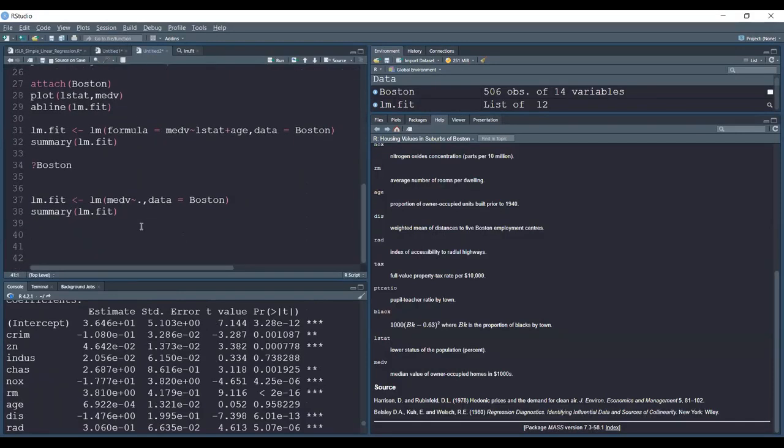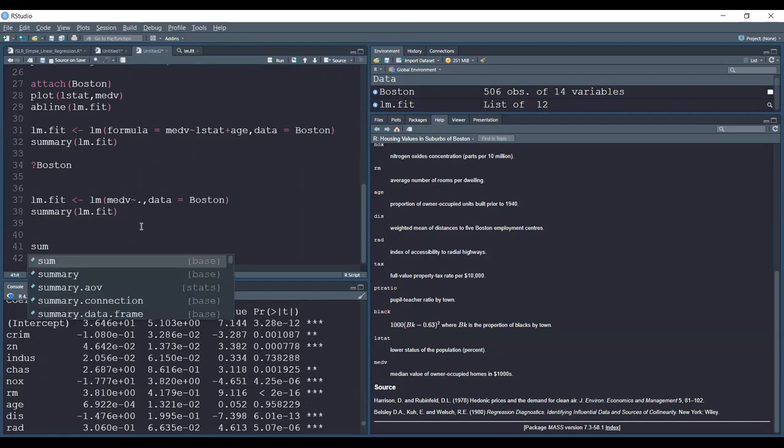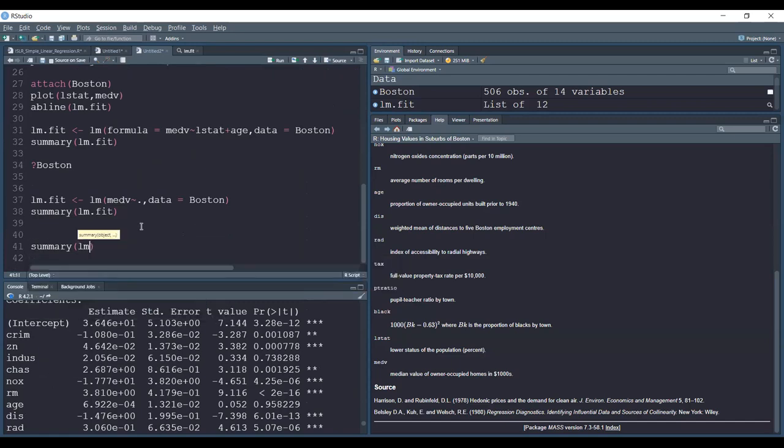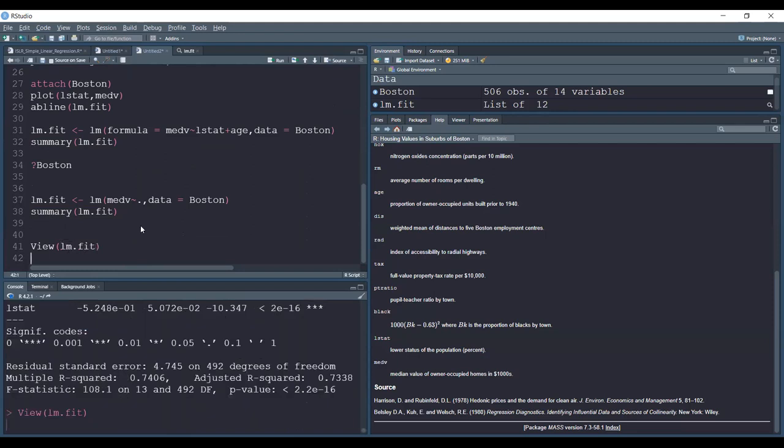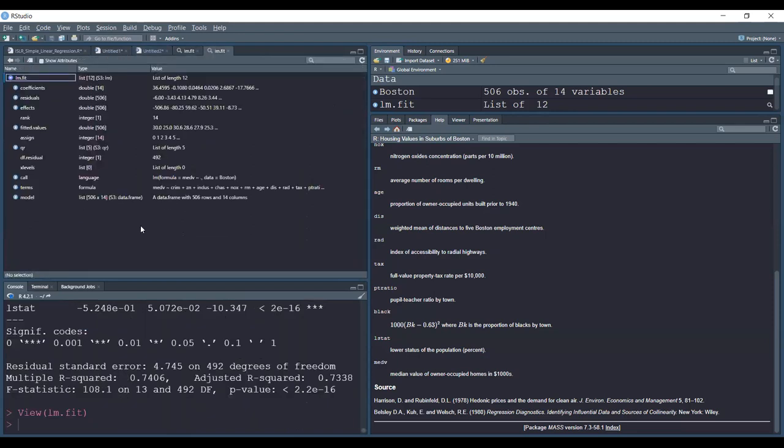What do we type? I think it's summary(lm.fit) and then dollar. Could you do View? If you do View(lm.fit), what happens? Oh, you get them like this.